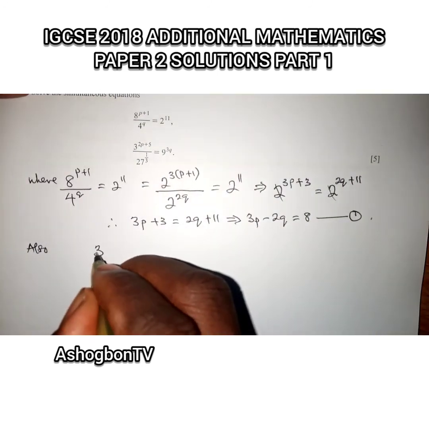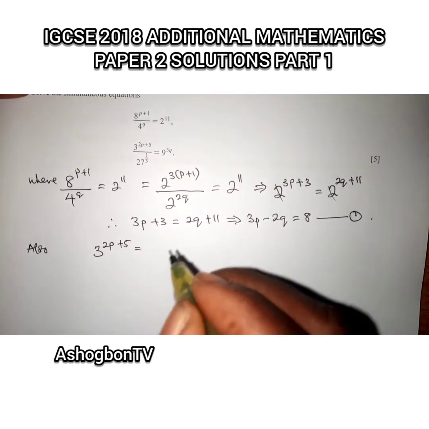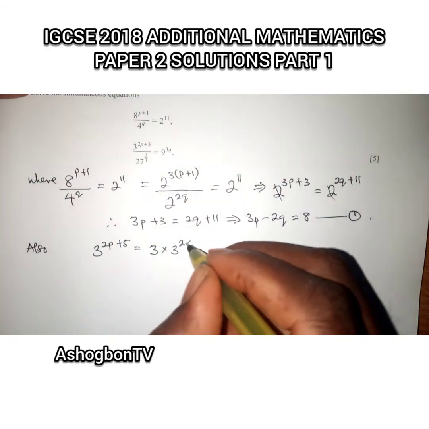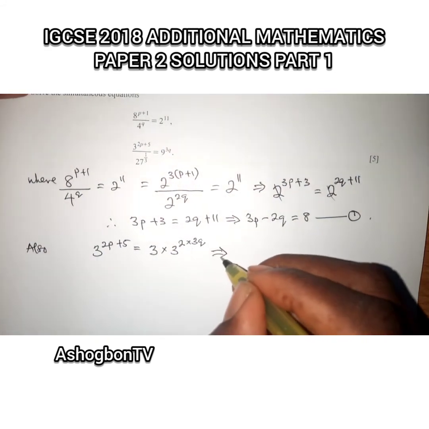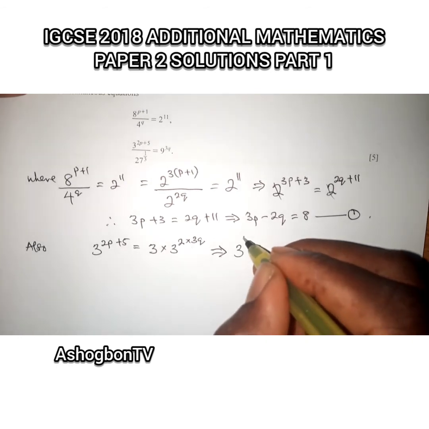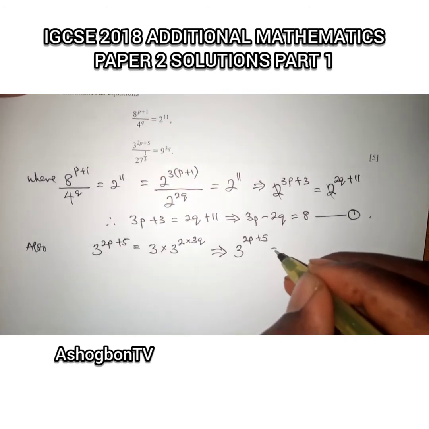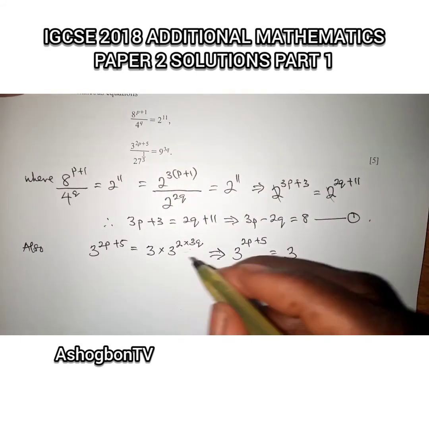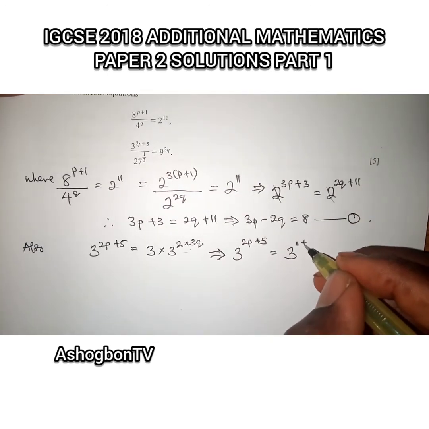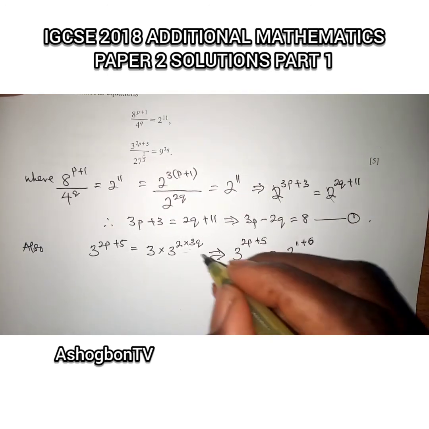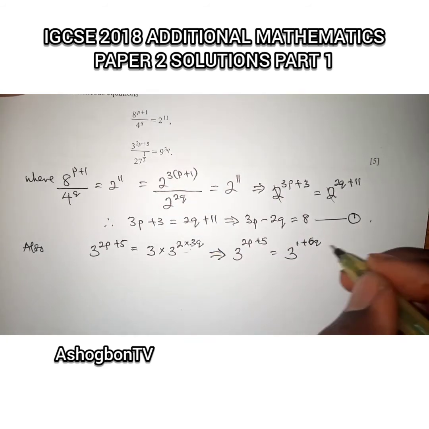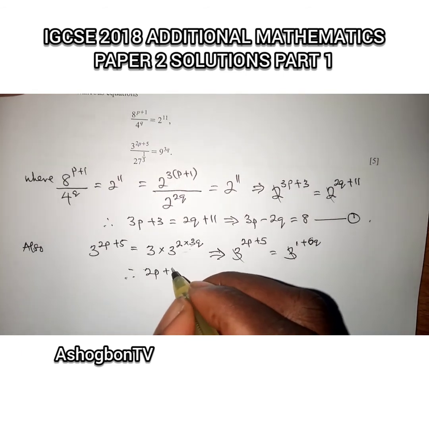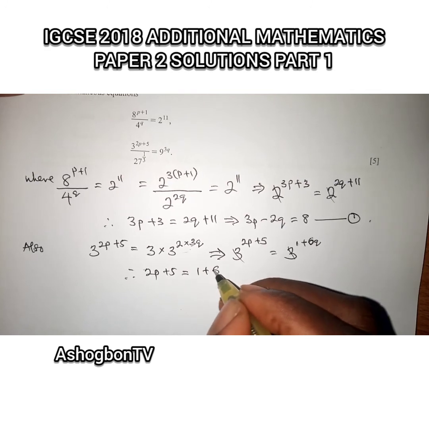I'm going to have 3 raised to power 2p plus 5 equal to 3 times 9, which is 3 raised to power 2, multiplied by 3 raised to power q. Applying the law of indices just as we did in our previous solution, here you're going to have 1 plus 6q, since multiplying 2 by 3 gives 6q. Cancelling the base, you will have 2p plus 5 equals 1 plus 6q.